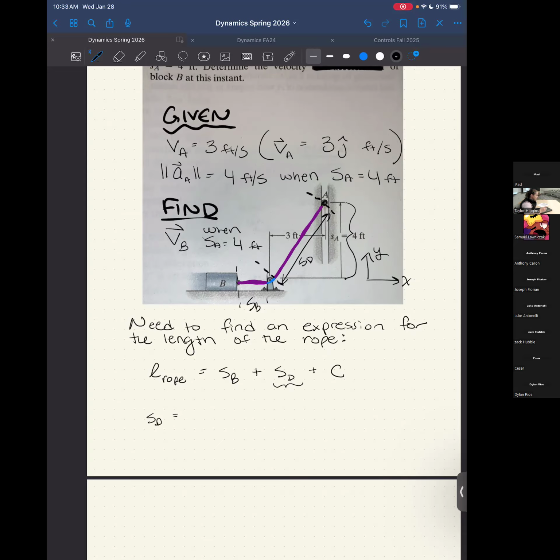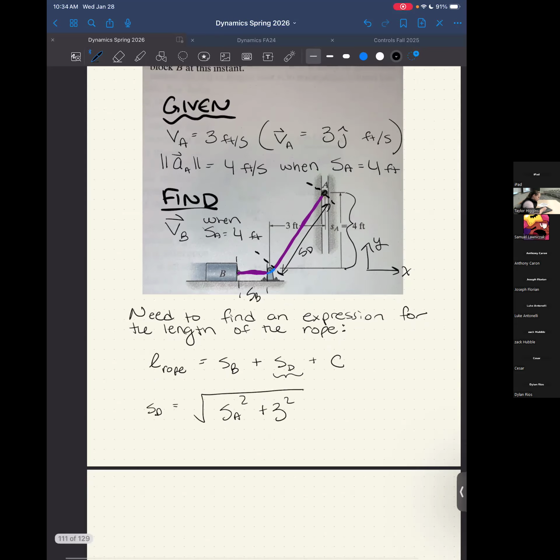Go ahead, Samuel. I used SD is equal to the square root of SA squared plus 3 squared. Beautiful. Pythagorean theorem. It's just the distance between those two points. We're given 3 as the horizontal distance, SA is the vertical distance.